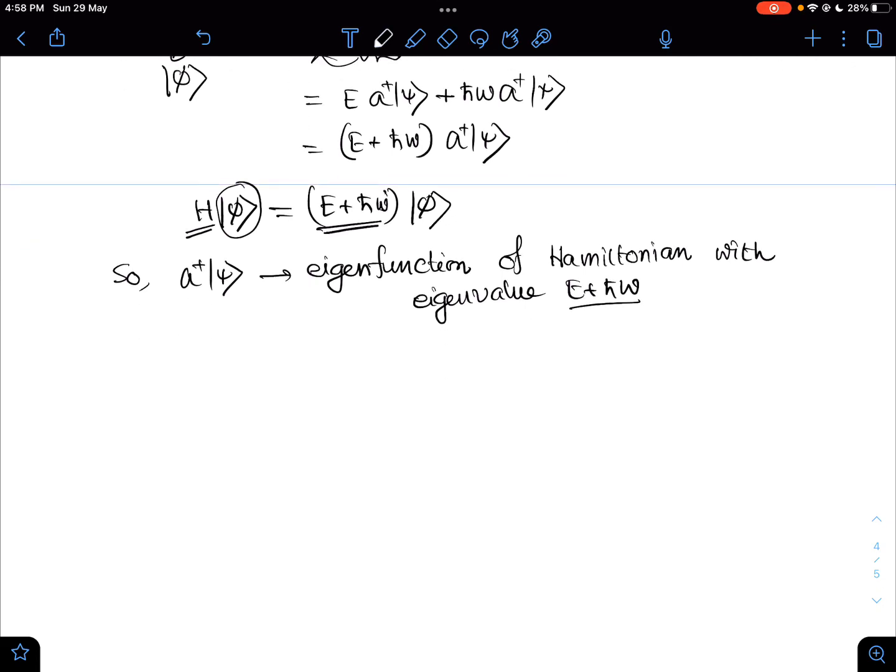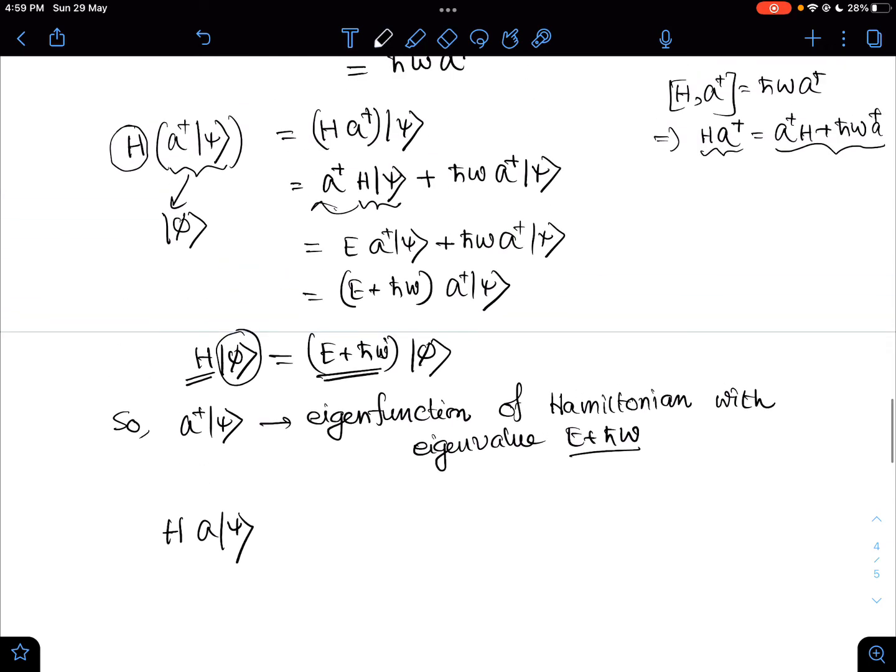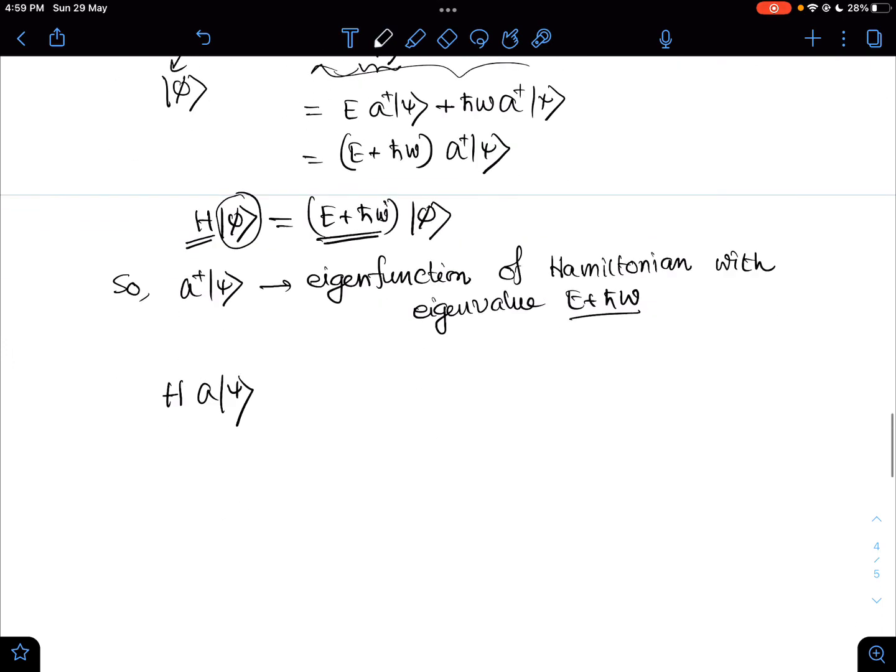Similarly, if we operate H on a psi and do the mathematics as described here, we will get E minus ħω. So a psi is also an eigenfunction of the Hamiltonian with eigenvalue E minus ħω.